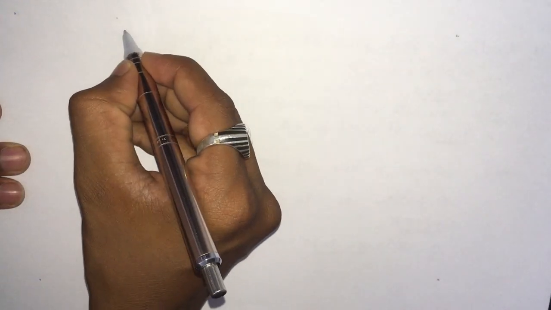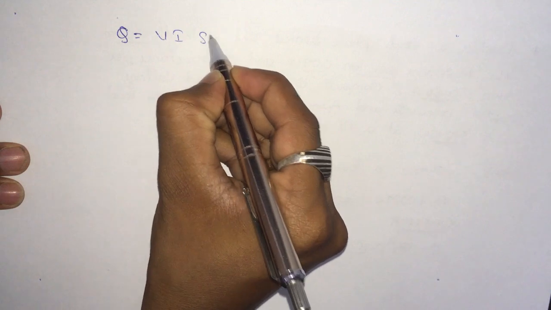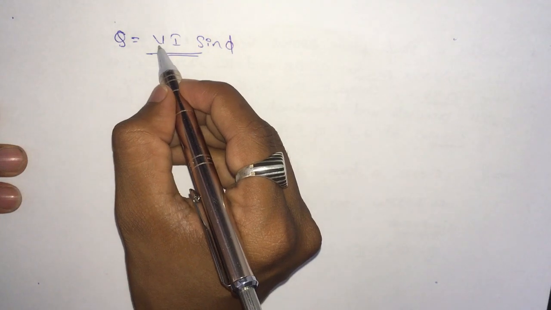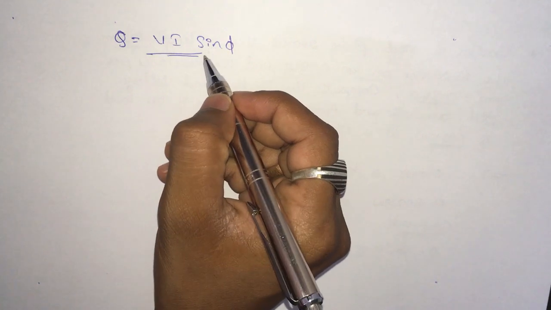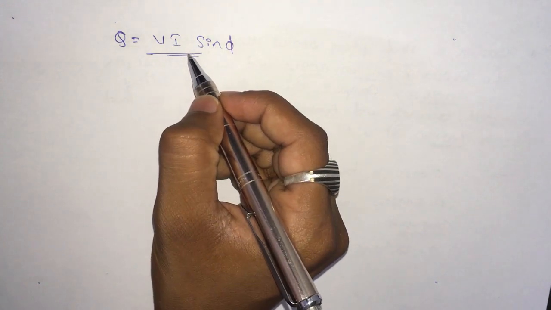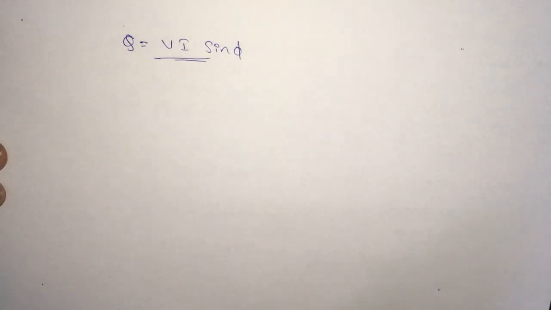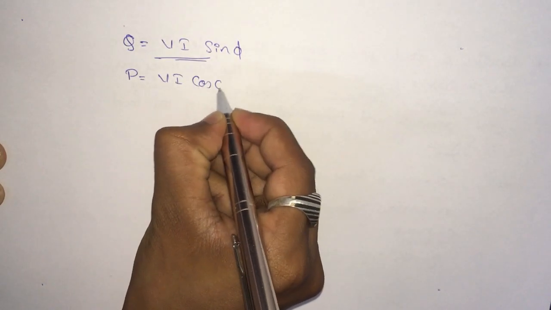To find out reactive power, we know Q is equal to VI sin phi. In this we know the value of V, we know the value of sin phi, but we don't know the value of I. Since in the given question they have only mentioned the value of V, not the value of I, we need to calculate the value of I. We know one more formula, real power P is equal to VI cos phi.